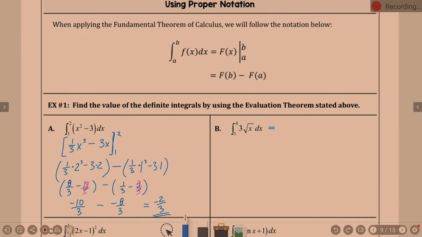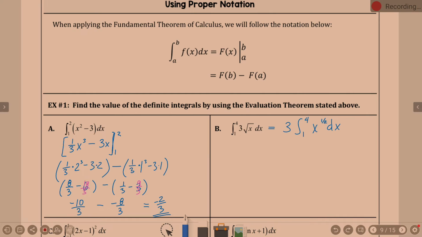So if you want, you could say this is 3 times the integral from 1 to 4 of x to the 1/2 dx. And then it's one less number to mess with along the way. Do or don't, I don't care. Just giving you options. Okay.